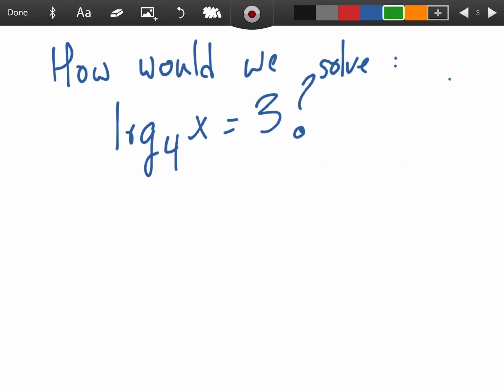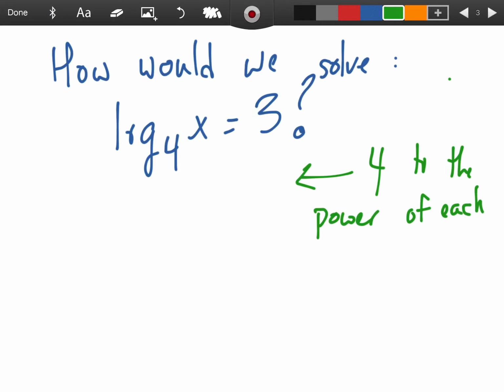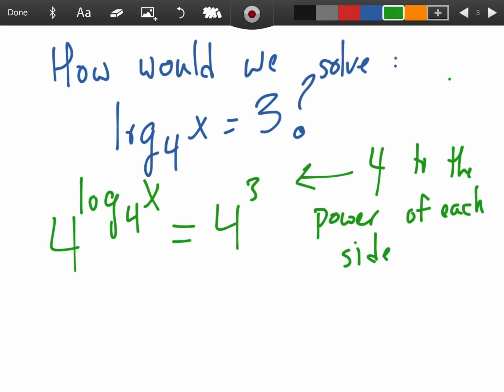If I have log base 4 of x equals 3, at this step, I'm going to do 4 to the power of each side. That is the inverse of log base 4. That's going to undo that log base 4 on the left side. So 4 to the power of log base 4 of x equals 4 to the power of 3.